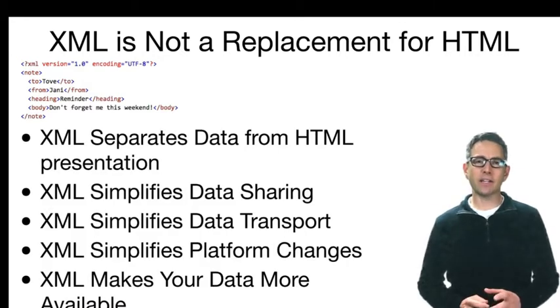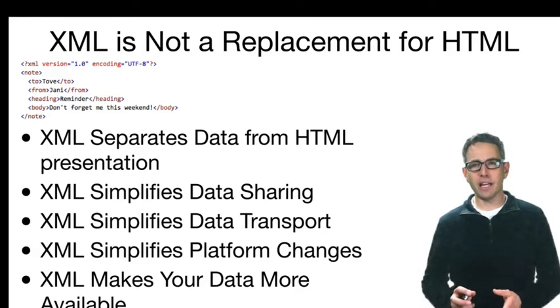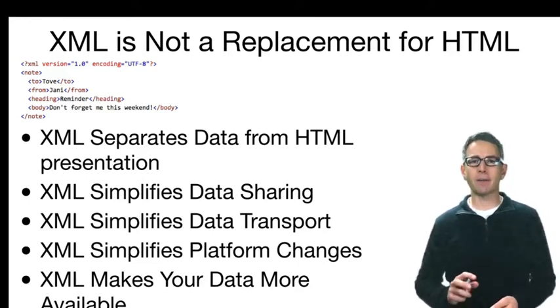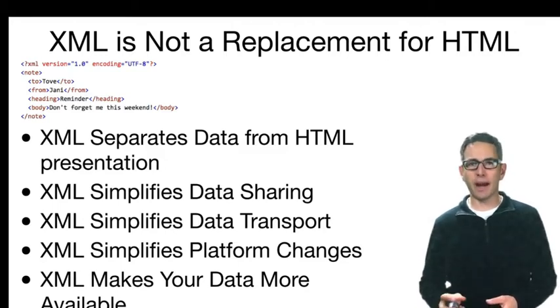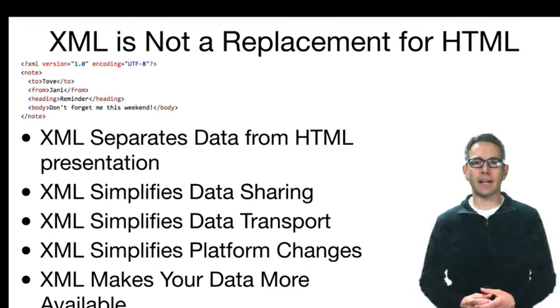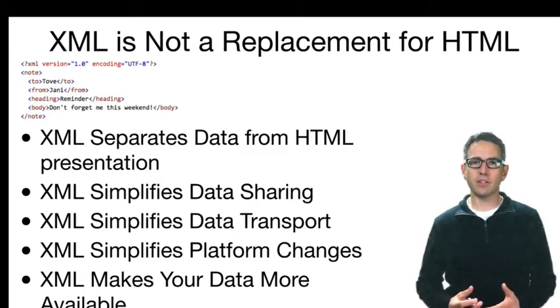XML was designed in order to separate data from presentation. The data can be transported as the XML file, and some other program, possibly like a browser or anything actually, has the opportunity to render that data in any way you would like. XML simplifies data sharing because it enables structured data to be shared in a way that's system and platform independent.